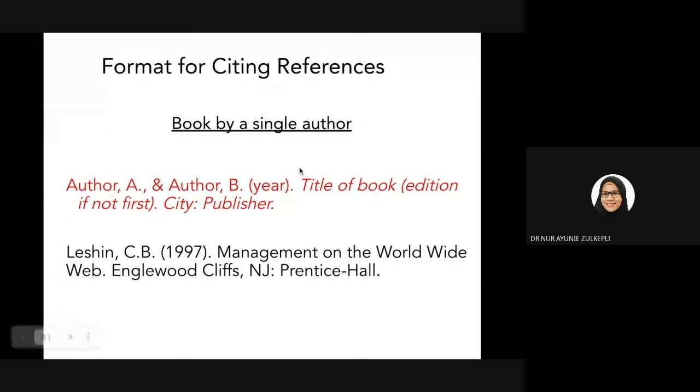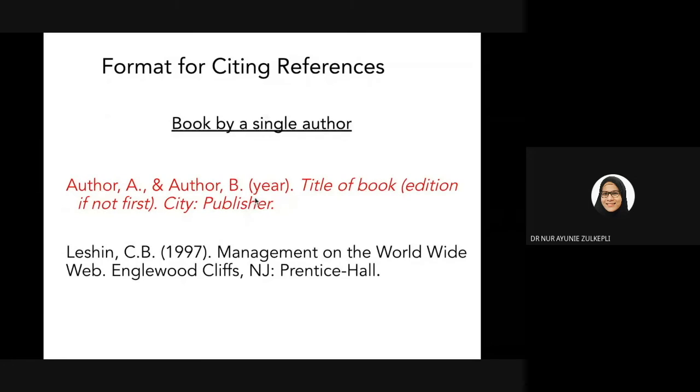This is not the formal format that you have to follow, but it actually refers to the format that the journal needed, that your supervisors needed, that your university or faculty needed. You always need to refer to your faculty's preference in terms of citing references. This is just an example.